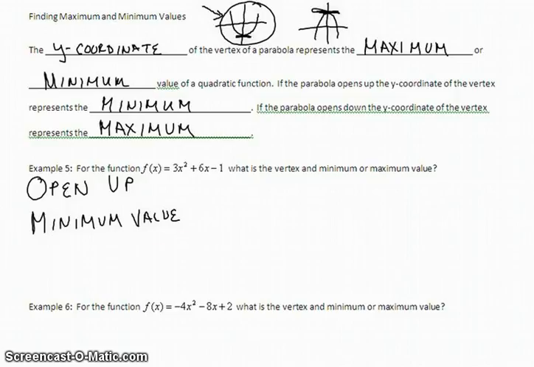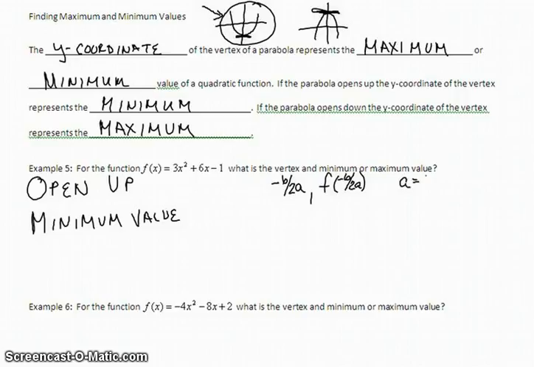Now, I need to determine my vertex. To do that, I'm going to use negative b over 2a to determine the x-coordinate, and then plug that value in to the function to determine my y-coordinate, and that will give me my vertex. So first, identifying a, b, and c.